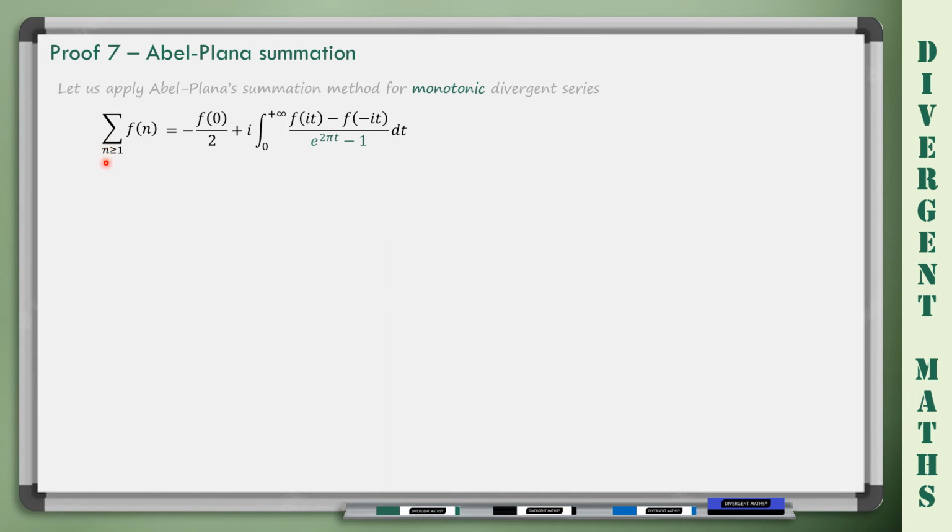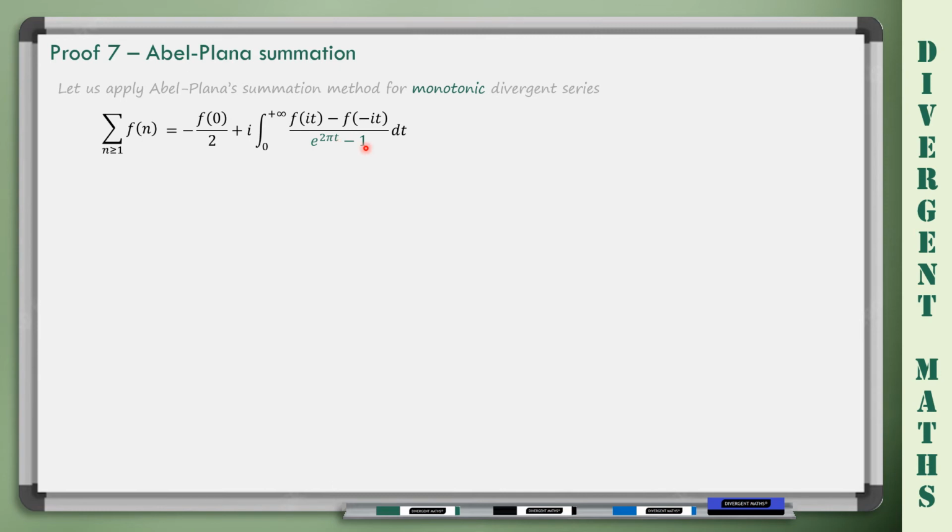So the sum of n equal 1 to infinity of f of n starts like the Ramanujan summation method, -1/2 of f evaluated at 0. But then it's different, it's plus i times the integral from 0 to plus infinity of f evaluated at it minus f evaluated at negative it, over e to the 2 pi t minus 1.